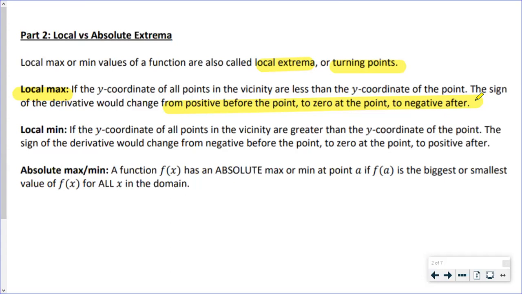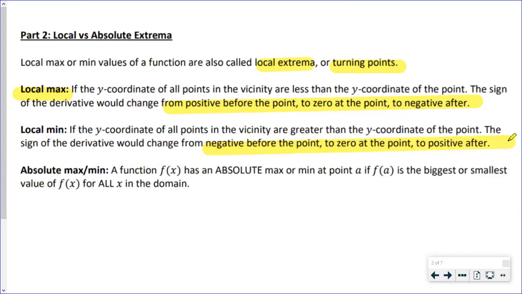So the local min, right? These are all points in the vicinity. The y-coordinates of all points in the vicinity are greater than the y-coordinate of the point. So the sign of the derivative would change from negative before the point to 0 at the point and positive after.